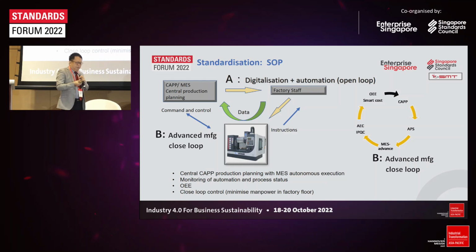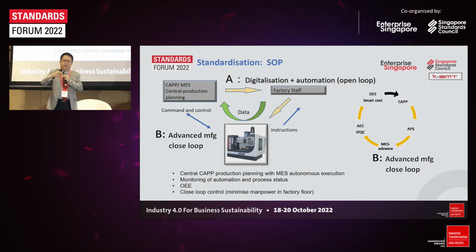When you use advanced manufacturing, the operation is a bit different. The planner will plan all the jobs direct to the machines, and on the shop floor the machine will receive these orders. Whenever they need help, there will be a communication tool between the shop floor people and the machine.